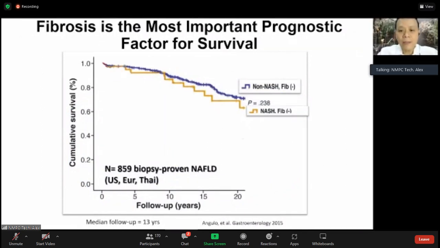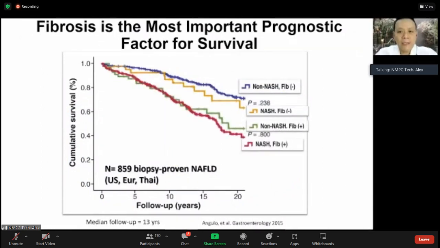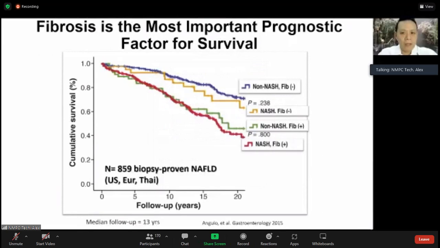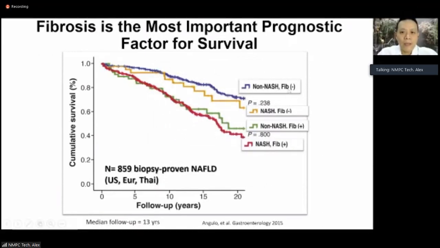Now, this study is just to emphasize that among the predictors of survival, the most important predictor is really fibrosis. So in this trial, you can see that when they looked at patients without significant fibrosis, there was no difference between steatohepatitis and simple steatosis.